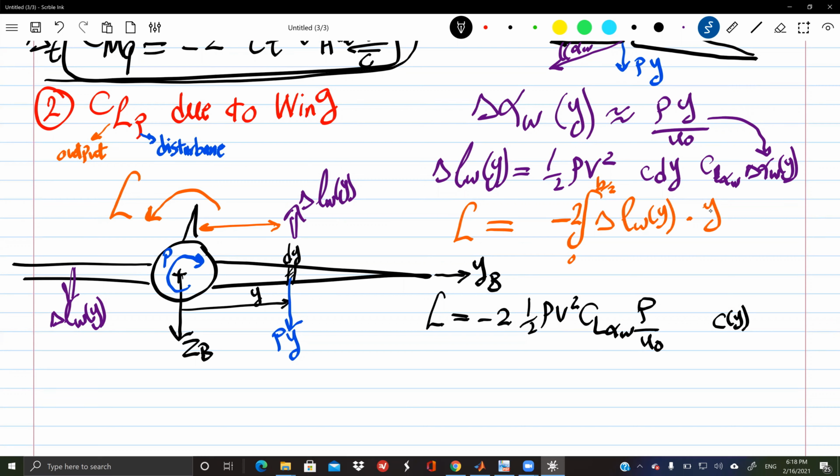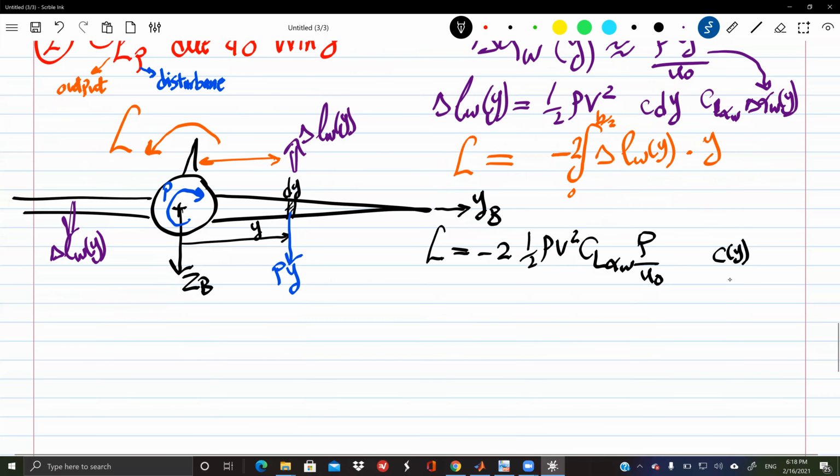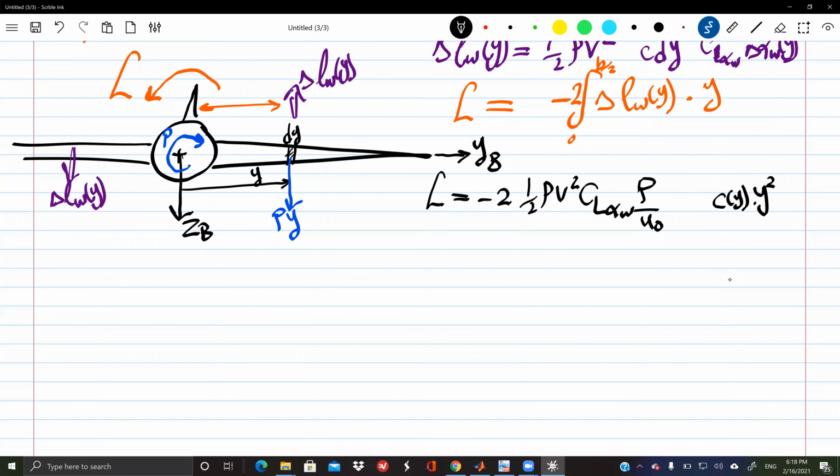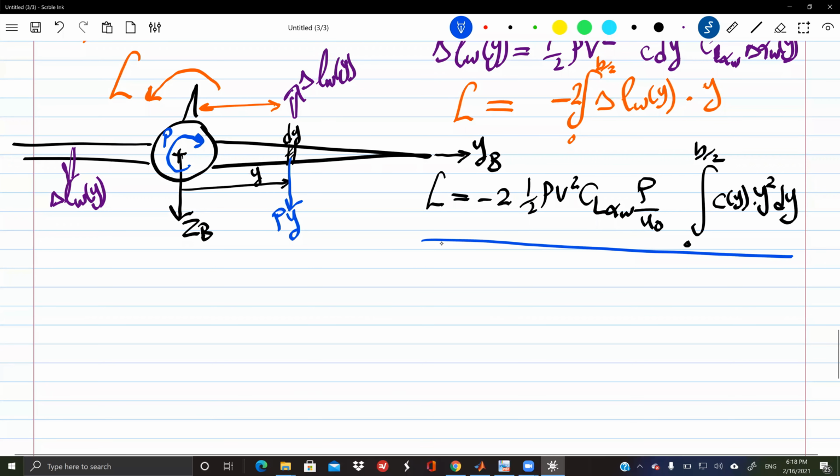And there is another y here, so this is times y squared dy, from 0 to b over 2. Right? So I managed to get the rolling moment. All I need now is simply to do the normalization, 1/2 rho v squared S b, to get the roll moment.